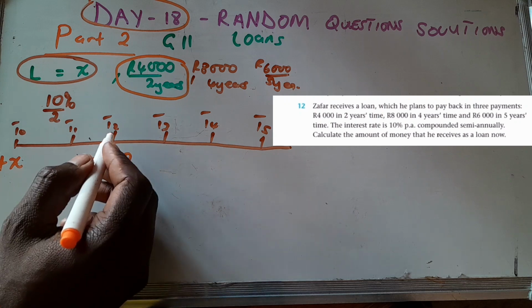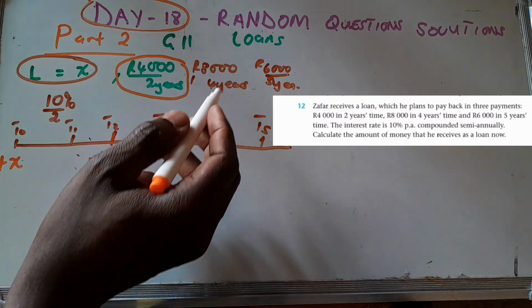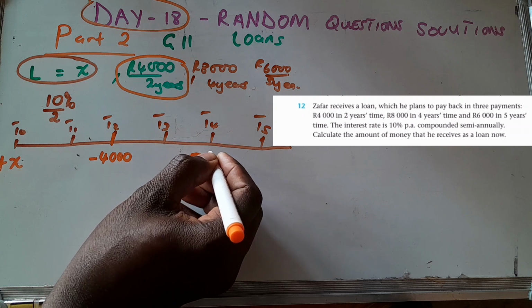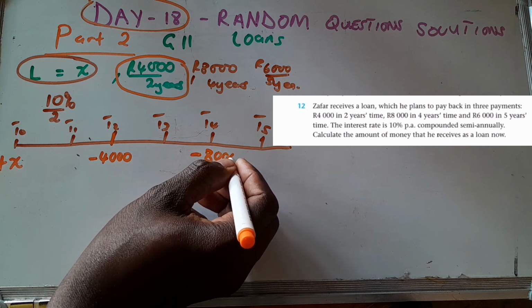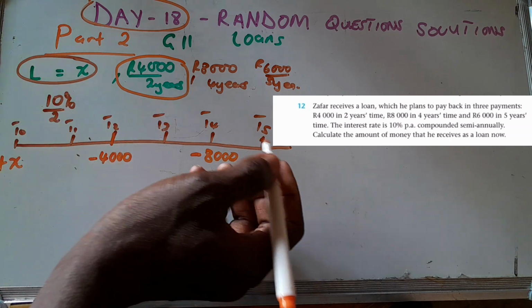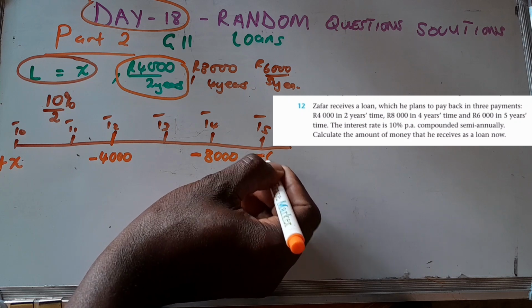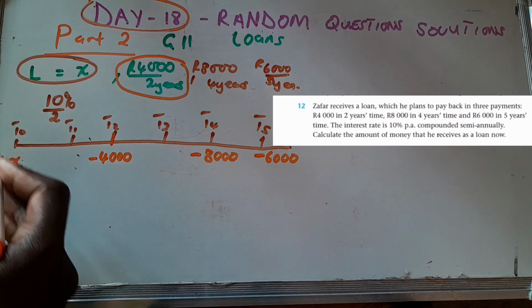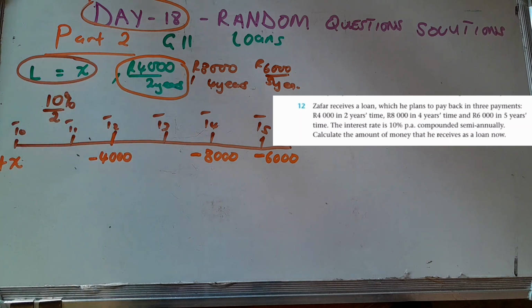And then after 4 years, he paid 8,000. Also, this is a subtract to his account. And after 5 years, again, this is a subtract to his account. So we are going to take this and put it in the same breath, so we are going to create an equation with all these.